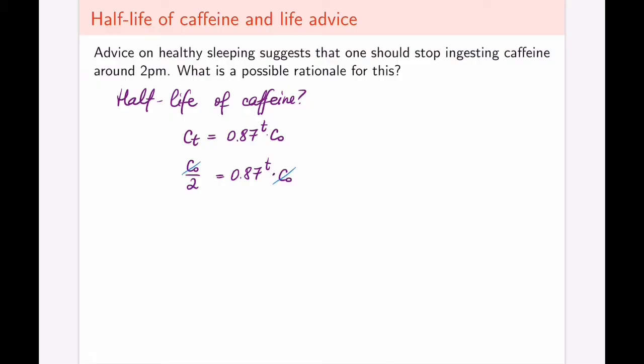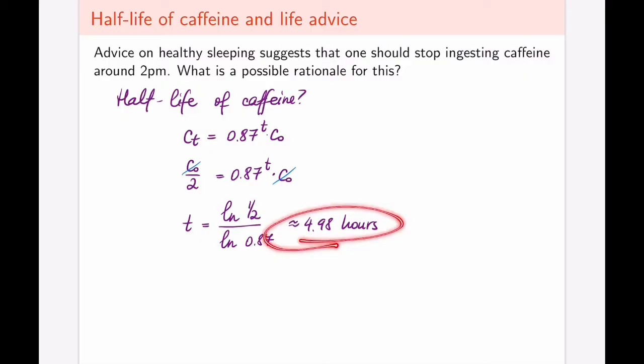I can then take a logarithm of both sides. So T is equal to the natural logarithm ln of 1/2 divided by ln of 0.87, which is approximately 4.98 hours. So half-life is about 5 hours.